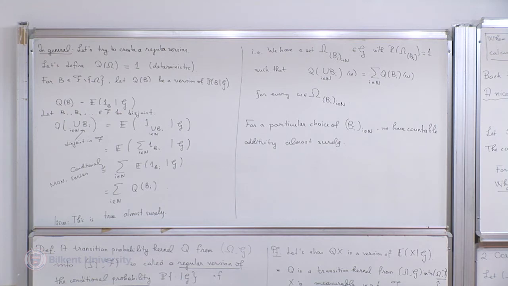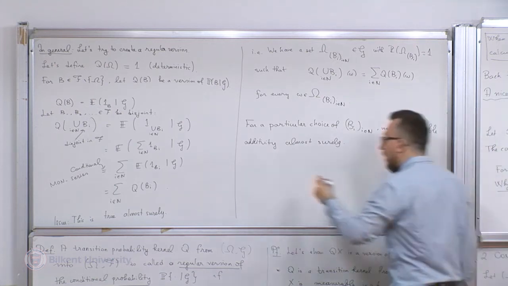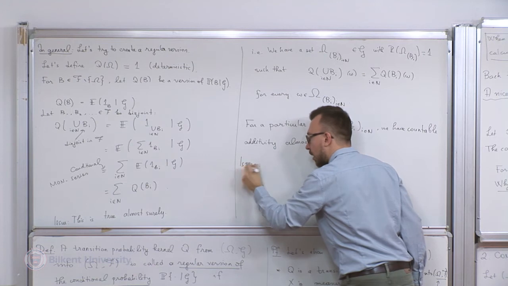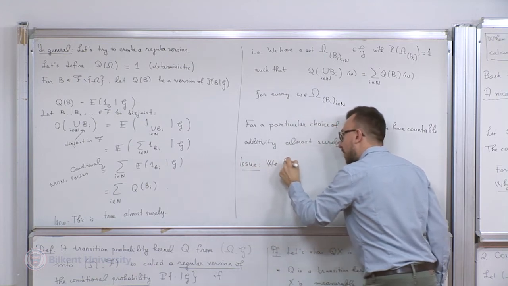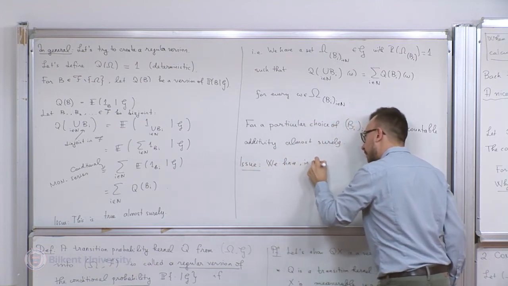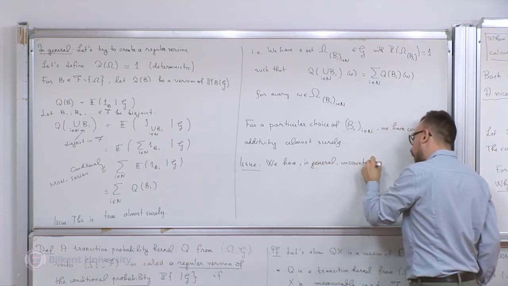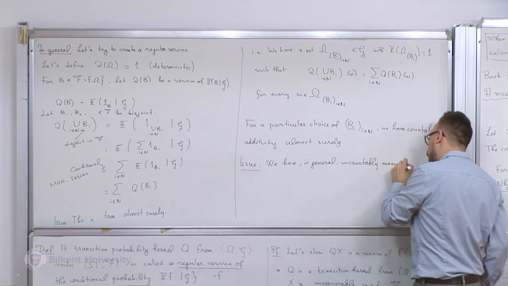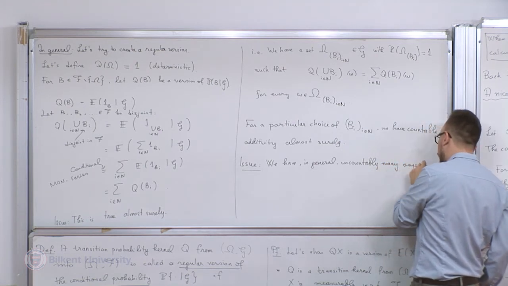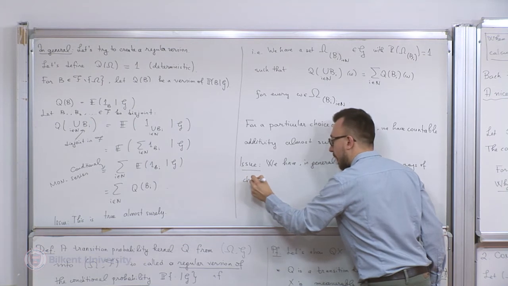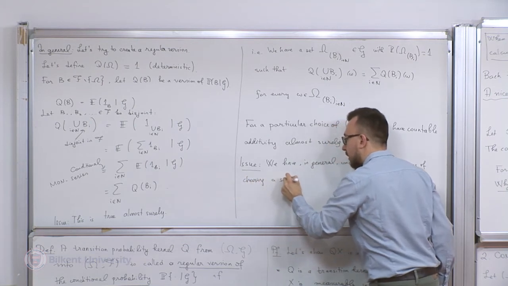Countable additivity means we must have it all the time for any choice of the sequence Bi. The issue is that we have, in general, uncountably many ways of choosing a sequence Bi.